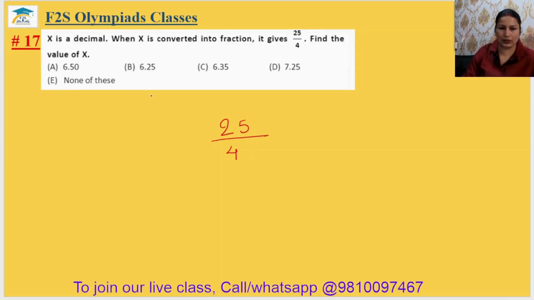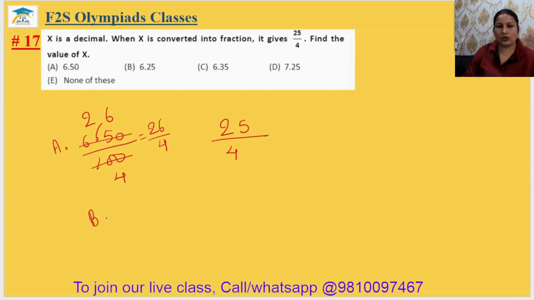From which decimal are we getting it? So we can check option A, 6.50 by 100. So the decimal will be removed. Now 25 2s are and 25 6s are, and these 25 4s are. This gives 26 upon 4.